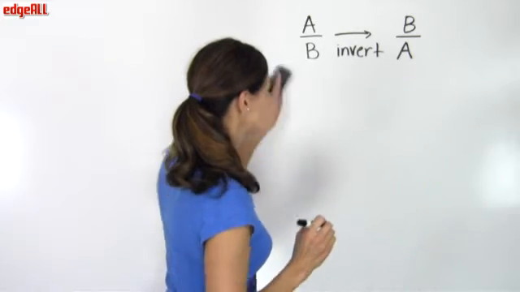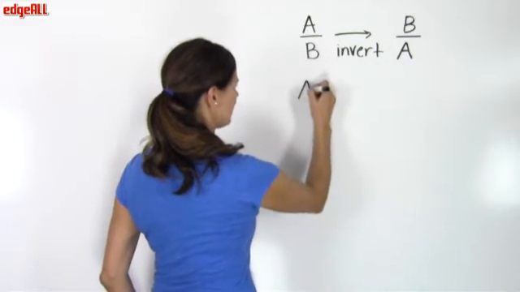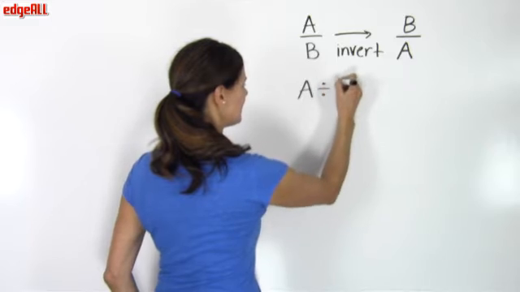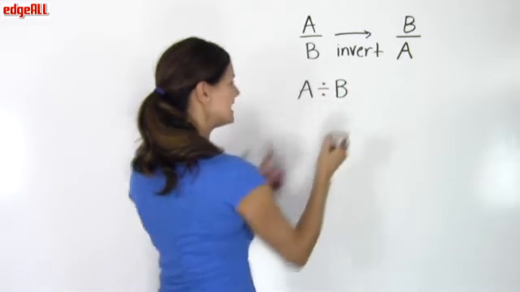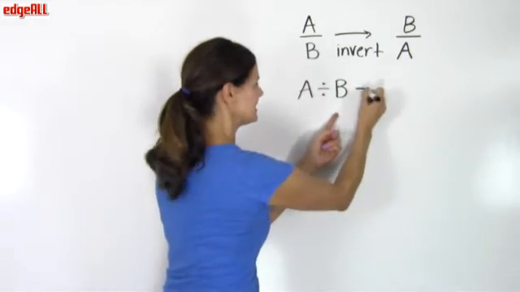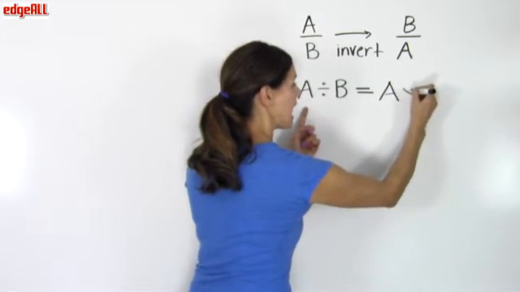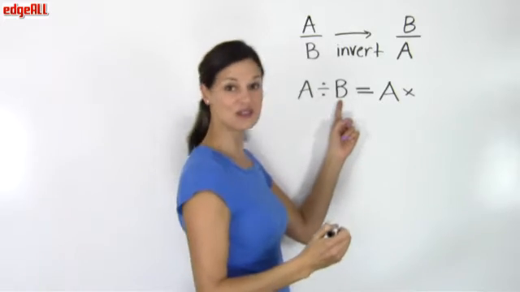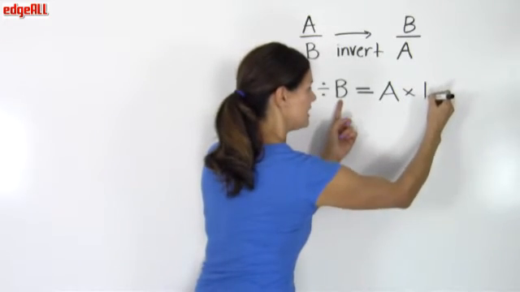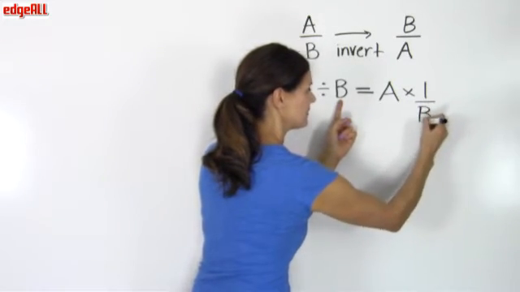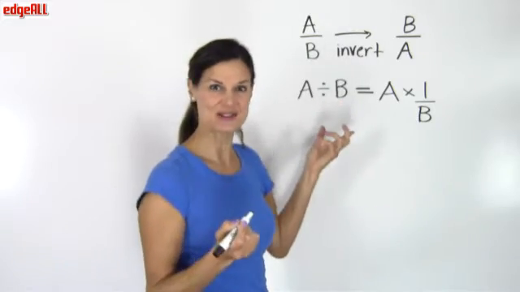So another way to say it too is if I have, for example, a divided by b, this is the same as, equal to, a times the inverse of b, which is 1 over b. Let's look at it with some actual numbers.